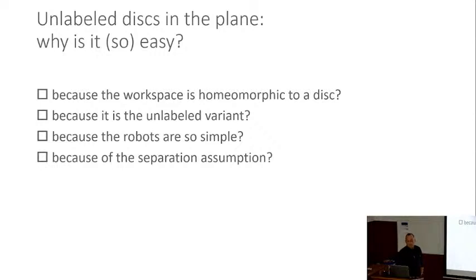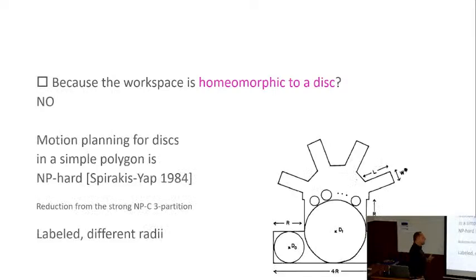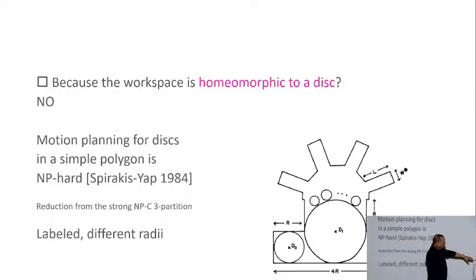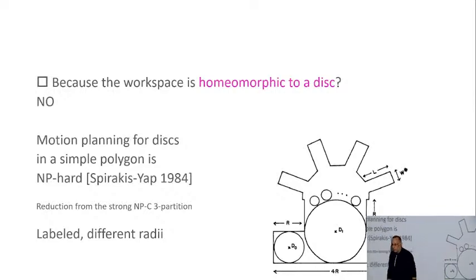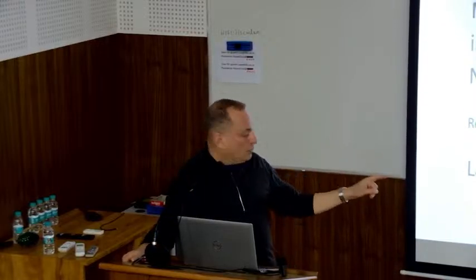Is it because the workspace, the polygon, is homeomorphic to a disk? We rule this out because there is an old result by Spirakis and Yap showing that motion planning for disks inside a simple polygon is NP-hard. However, they use disks of different radii, so this is a labeled version.